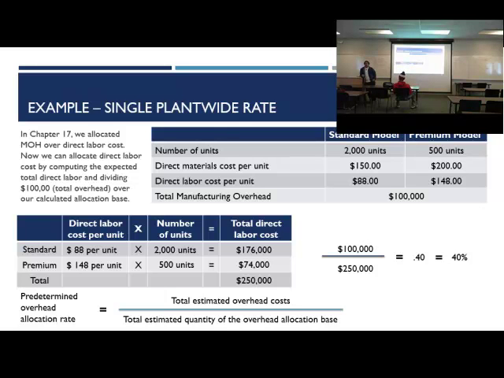So how do we calculate manufacturing overhead then? How much? Where'd you get 250? What's our direct labor cost for this one unit? 88. So for every $1 of direct labor, I'm going to add 40 cents in overhead. So how do we calculate that? Gets us?